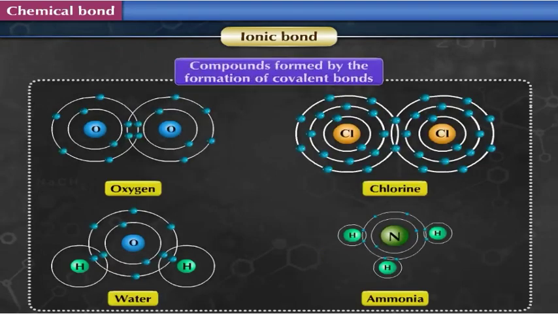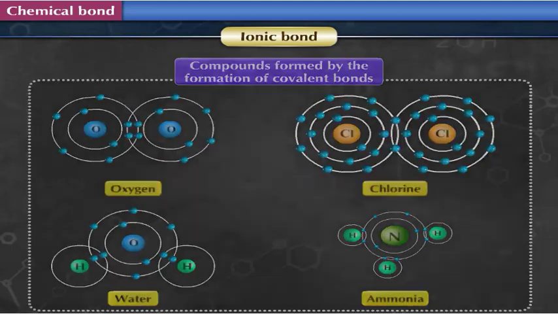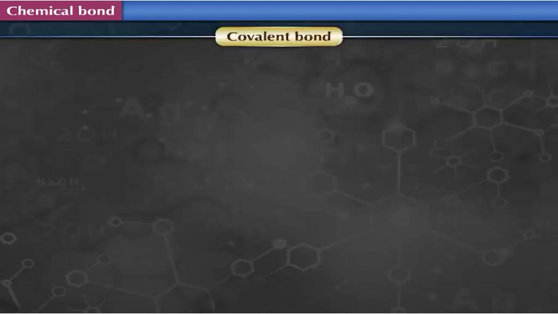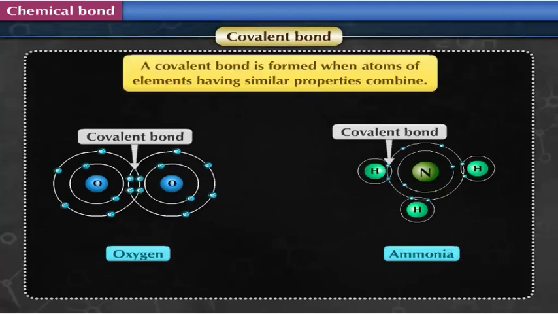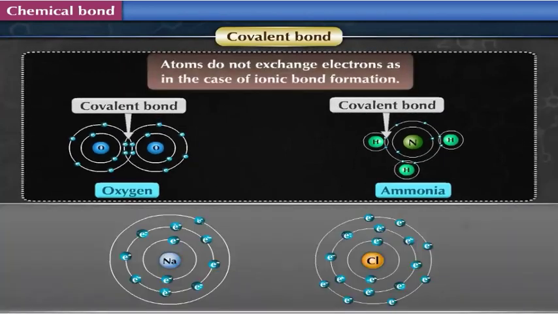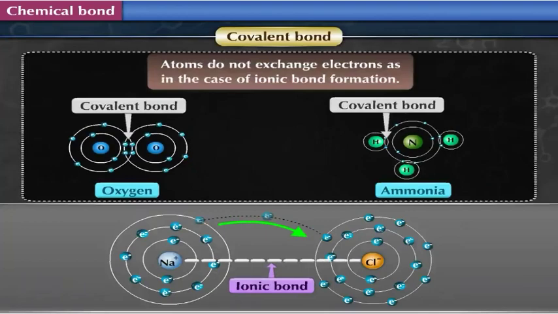Certain compounds are also formed by the formation of covalent bonds. Let us understand this concept. Covalent bond. A covalent bond is formed generally when atoms of elements having similar properties combine. These atoms do not exchange electrons as in the case of ionic bond formation.